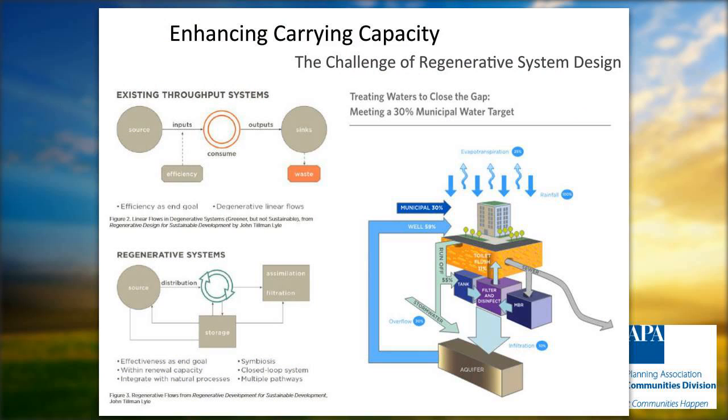But the key point of hope and opportunity that a living future method offers us is the idea of enhancing carrying capacity. Carrying capacity is not a fixed absolute limit. It's a malleable limit, and it depends on how productive we can be, how net positive we can be, both in the natural world as well as in the human economy.